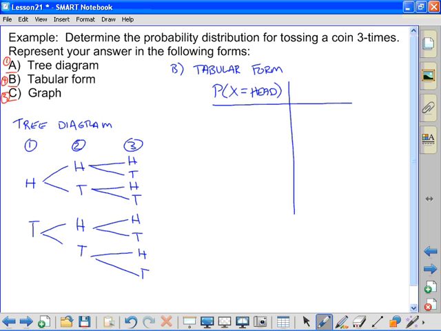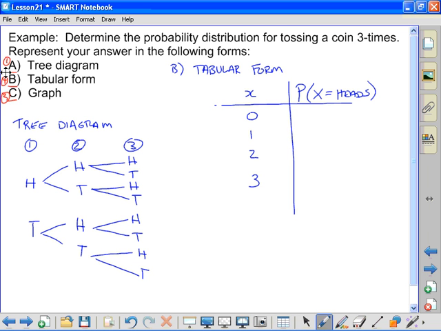I put that in the wrong column, I apologize. So this is going to be our small value x, and over here will be our random variable. So it's looking at how many heads we can have. Over here in the x column, we can have no heads, 1 head, 2 heads, or 3 heads, because there's only three layers here. So the possibilities are 0, 1, 2, or 3.